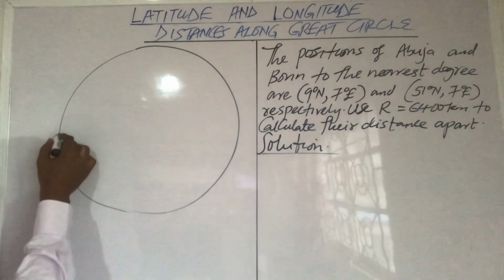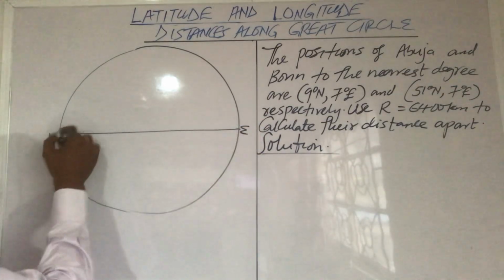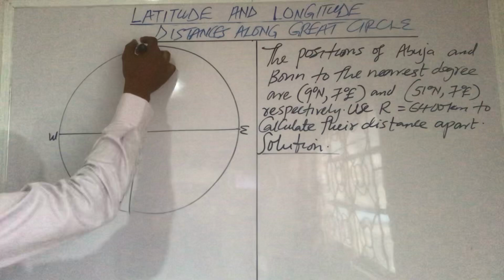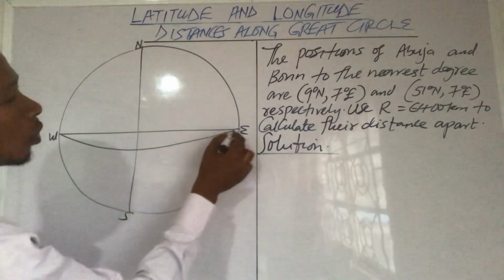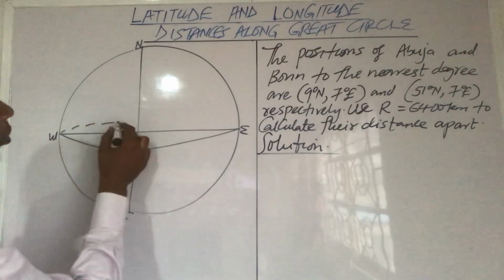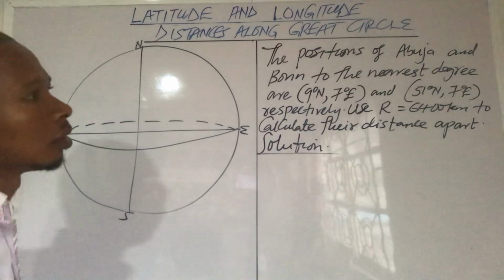Now, if this is the earth, this is the east and west, the north and south poles, and the equator. Then let's locate the places.